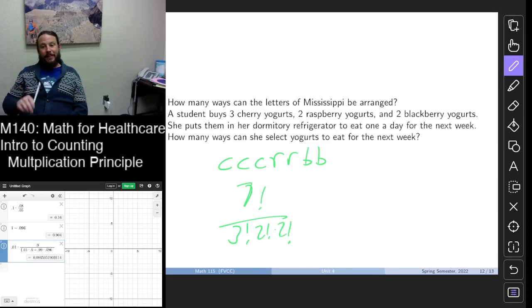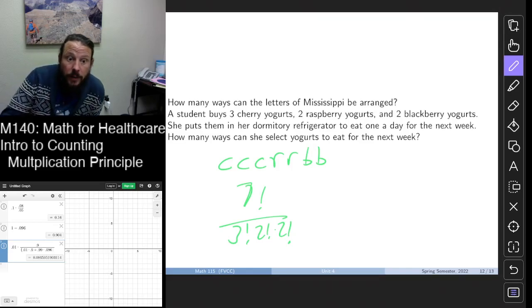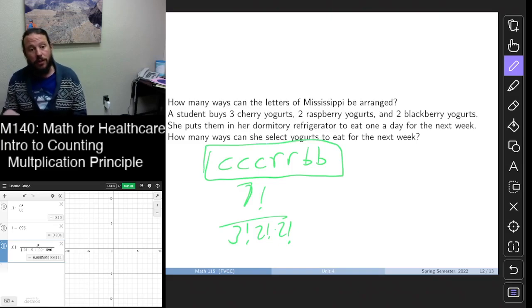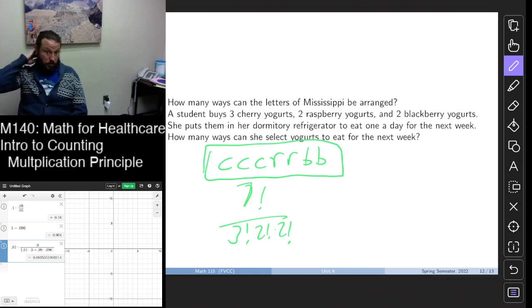All right? So that's permutations where you have non-distinct items. And I really want you to pay attention to this: going from 3 cherry yogurts, 2 raspberry yogurts, and 2 blackberry yogurts to deciding that that's the same as asking how many arrangements there are of these letters. That's an important task.